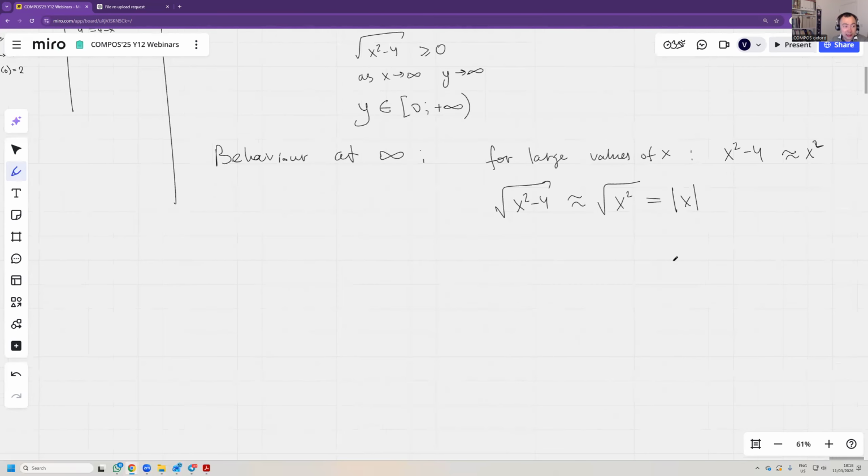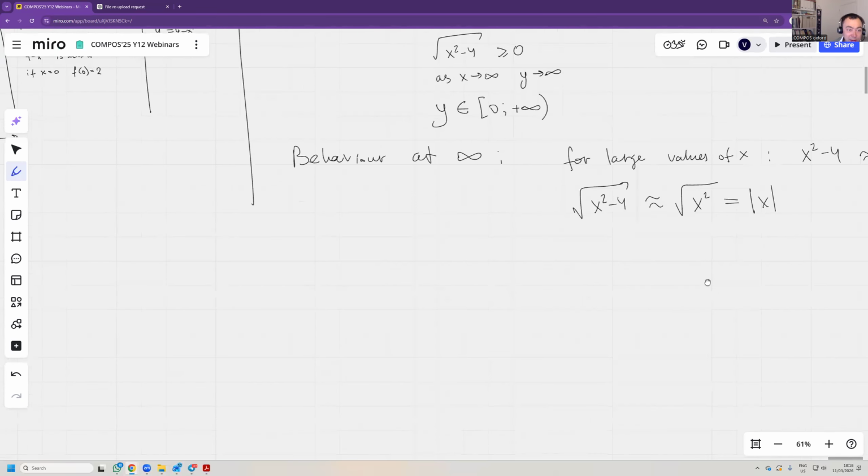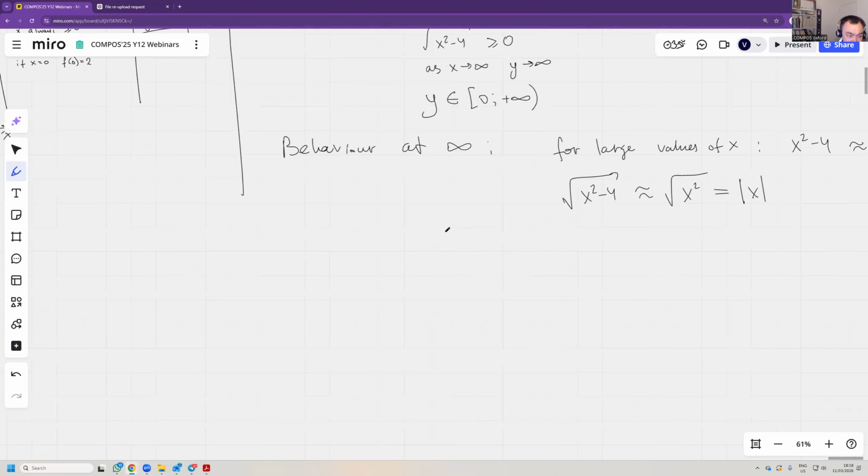Yeah. And so for large values of x, the function behaves like modulus x. So that's the slant asymptote.